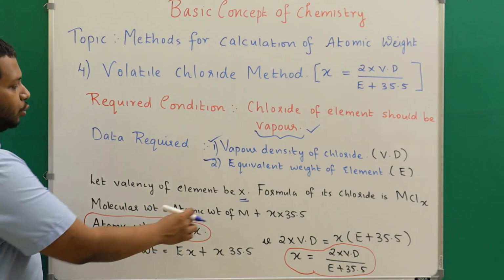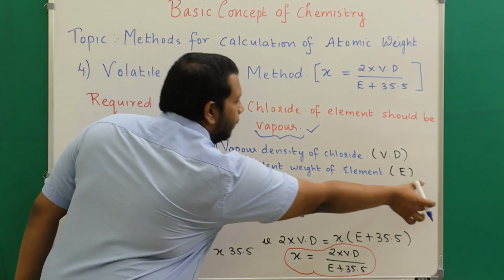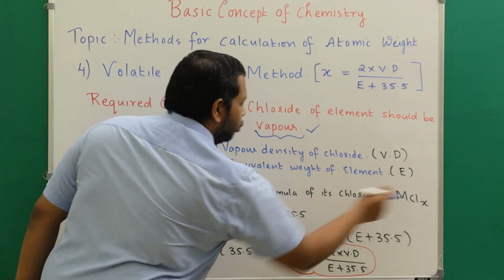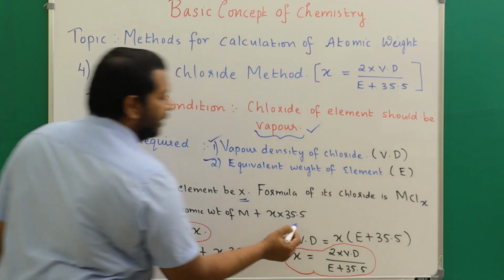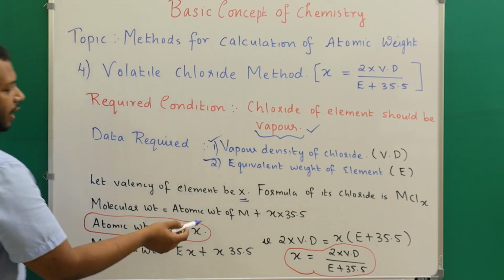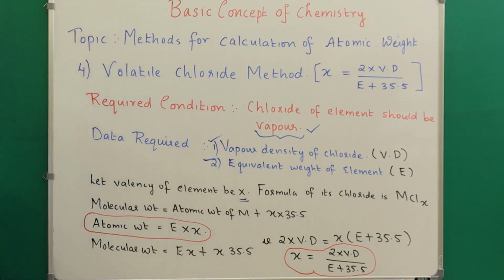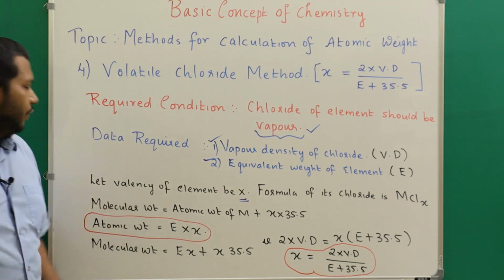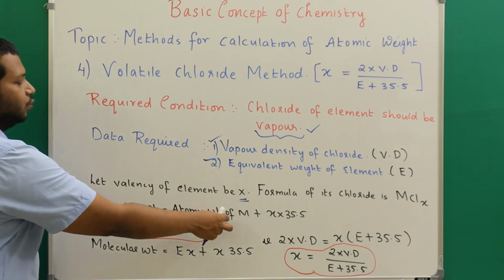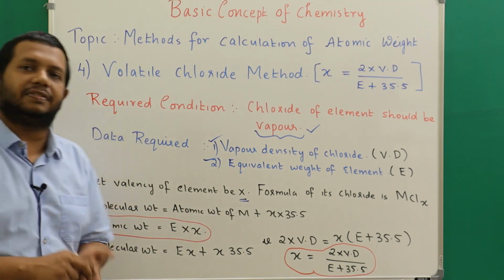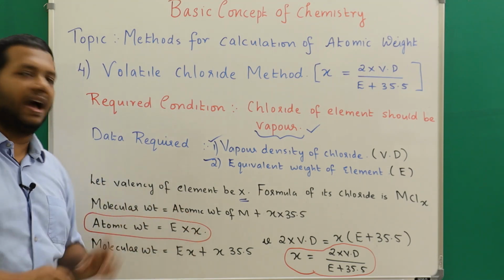Correct. Now how will you calculate the molecular weight? Molecular weight is equal to atomic weight of M plus X into atomic weight of chlorine, that is 35.5. Now we know that atomic weight of a metal is equal to equivalent weight into valency.